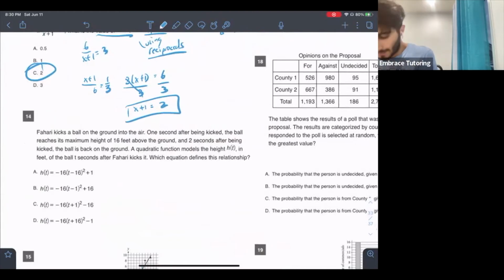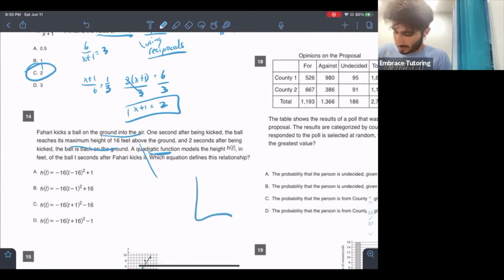Question 14. Fahari kicks a ball on the ground into the air. 1 second after being kicked, the ball reaches its maximum height of 16 feet above the ground, which is the vertex. And it tells you a quadratic later on in the question. And 2 seconds after being kicked, the ball is back on the ground. A quadratic function models the height. So it's something along like this.